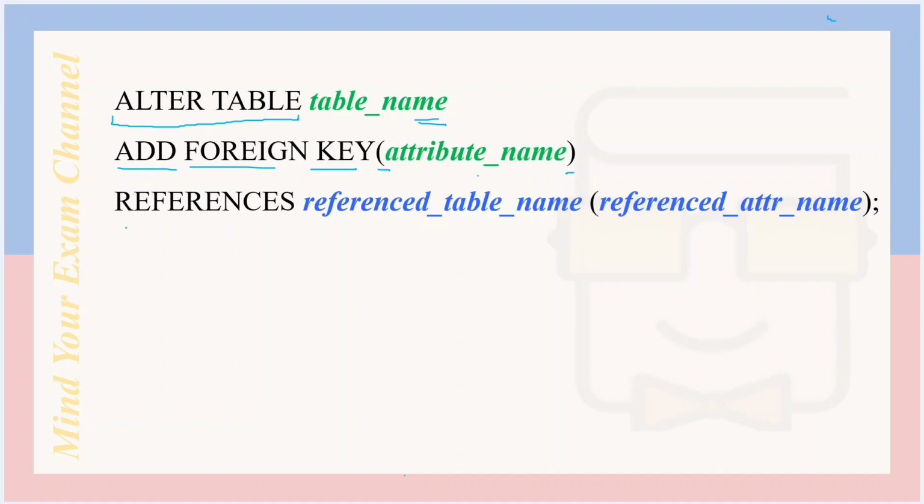Later you write the word references, which tells the database that the attribute we are creating as the foreign key is referencing this particular table, the guardian table, and in that table it is referencing GUID, which is the primary key.